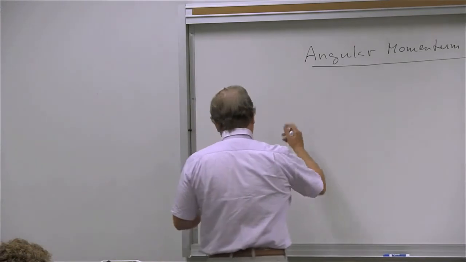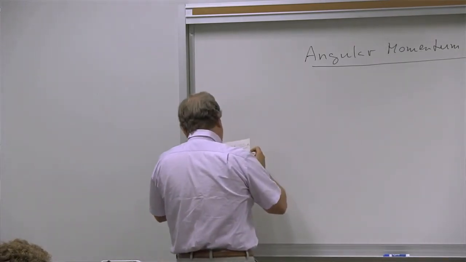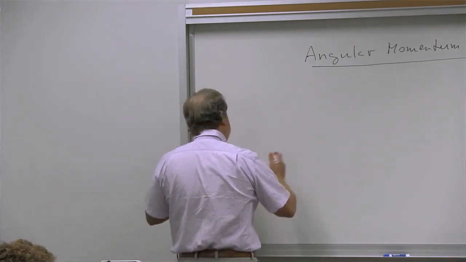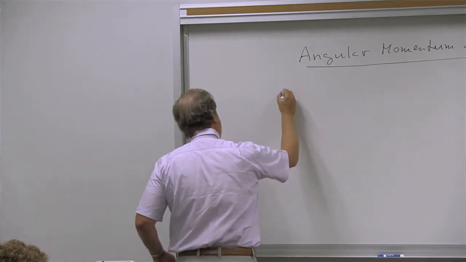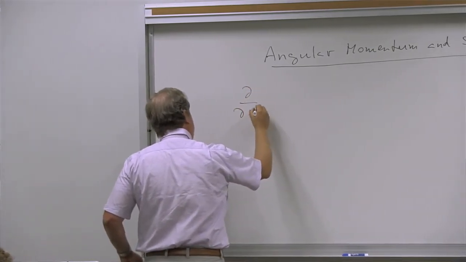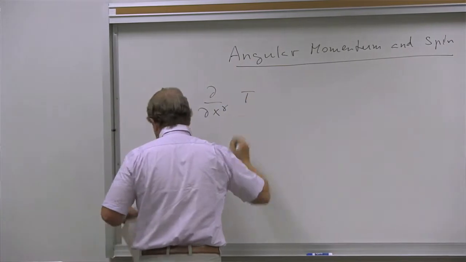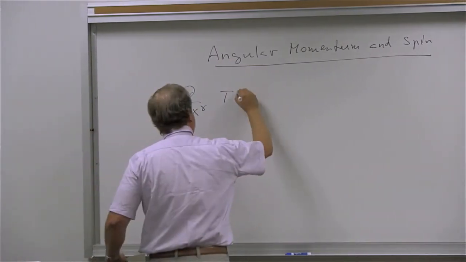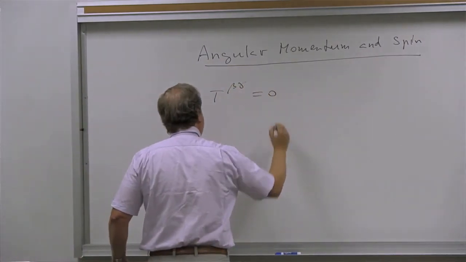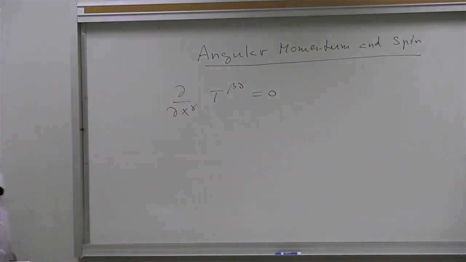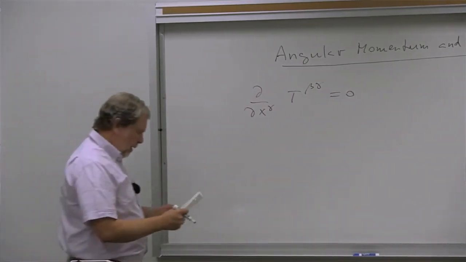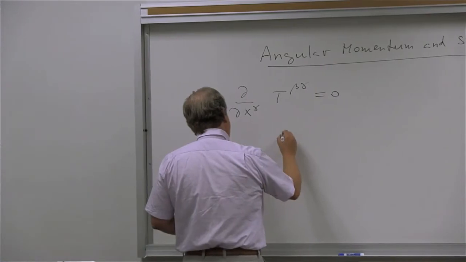Well, again, we start out from the equation of energy momentum conservation, which is d by dx gamma of T beta gamma equal to 0. That was on the blackboard before, so that we know. And now we construct the following object.